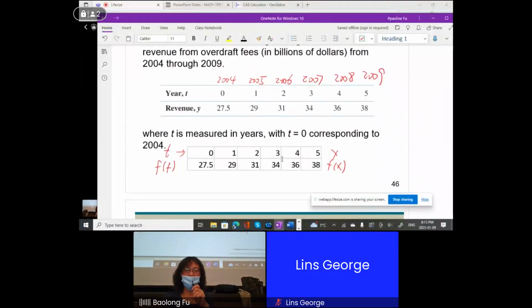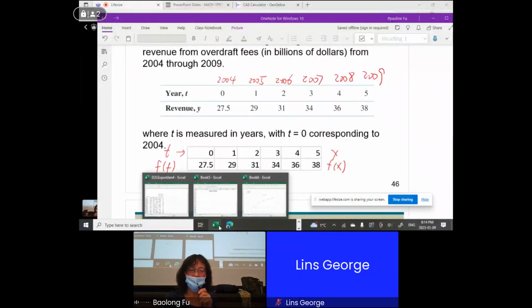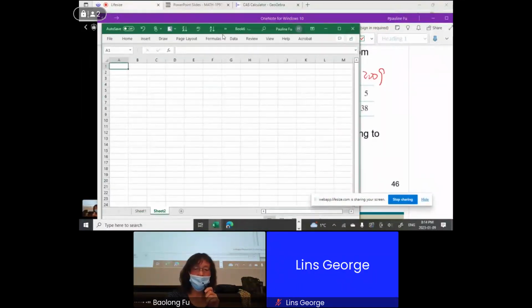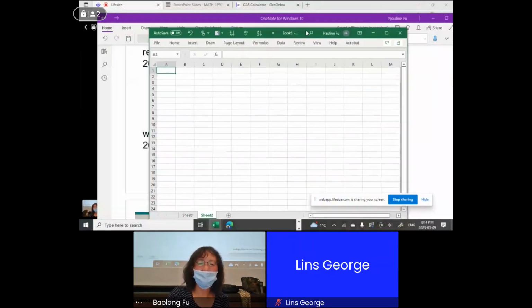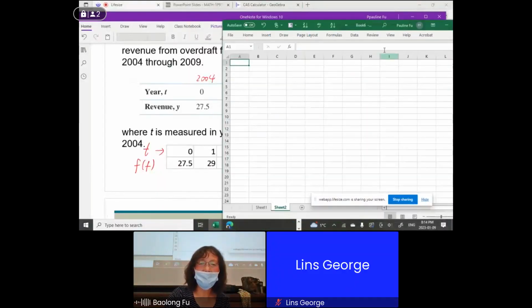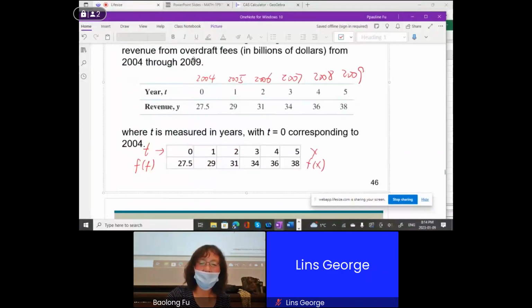So how do we do it? You can do it in Excel. So I'm going to do it in Excel here. I will quickly type in the numbers. I actually have the numbers from PowerPoint. Since there aren't many numbers, I will just directly type them in, okay? So from 0, 1, 2, until 5.